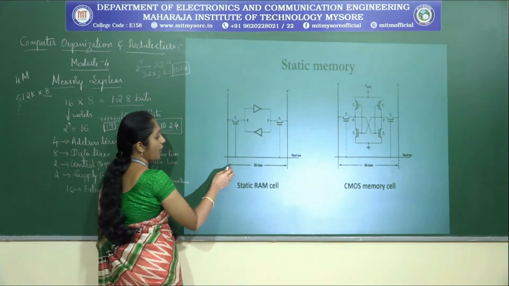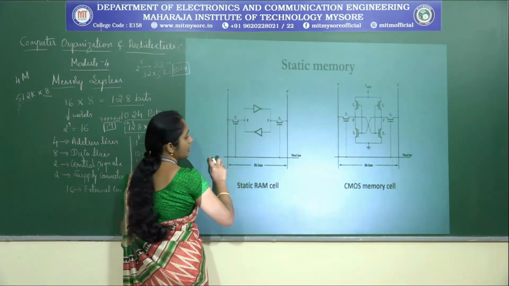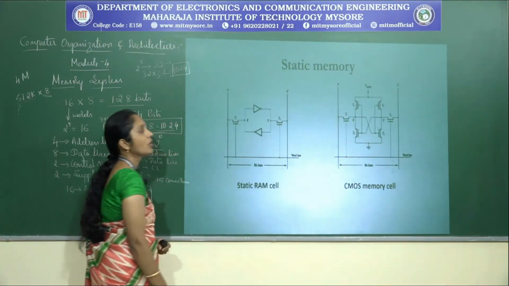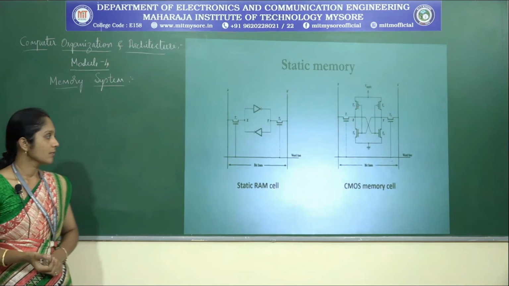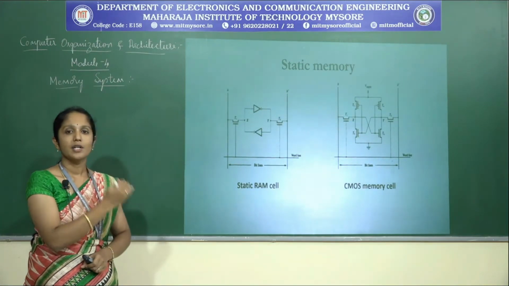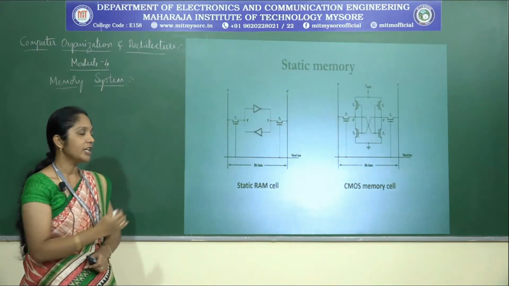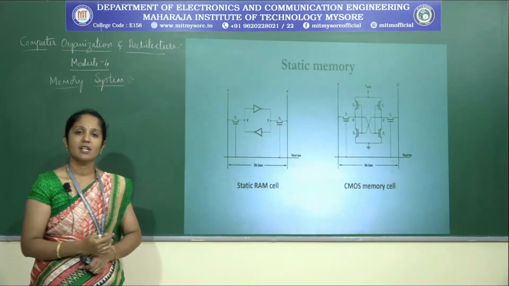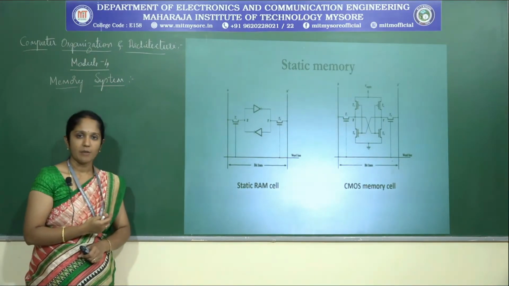These lines are bit lines and this line is the word line. Now let us understand how the read and write operations work in a static RAM cell.